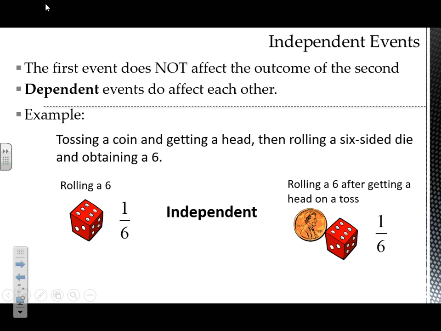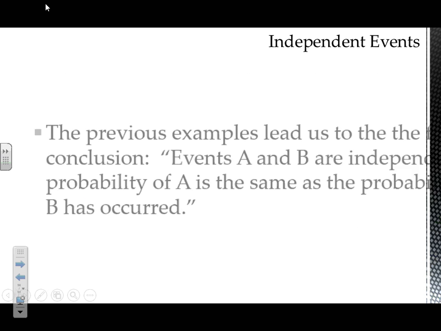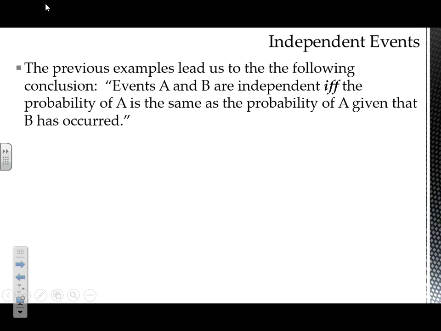Okay? So this leads us to our formal definition for independence, and you need to understand and know this formal definition. It is going to be extremely important here. So, formal definition. Events A and B are independent IFF, and this is not a misspelling.